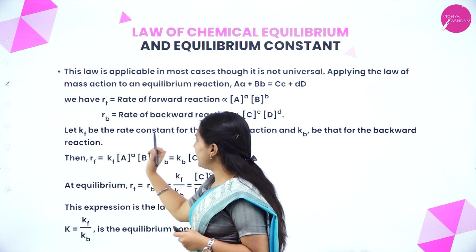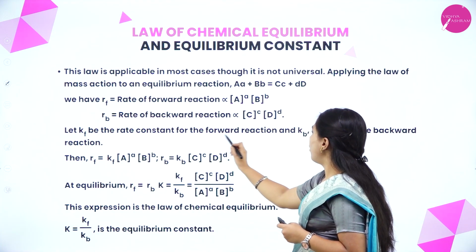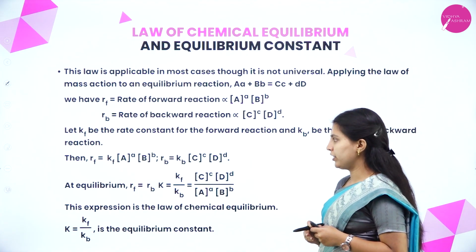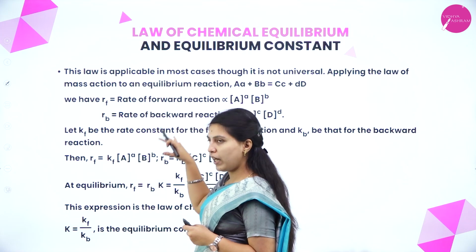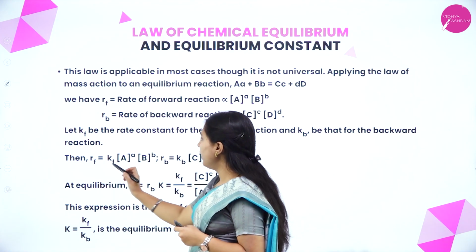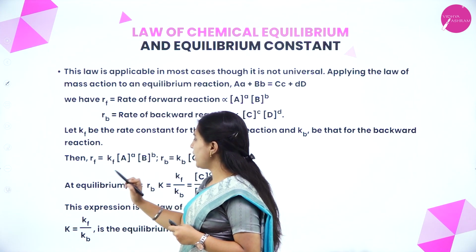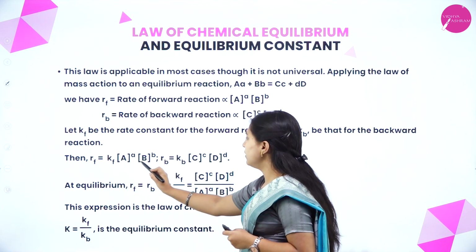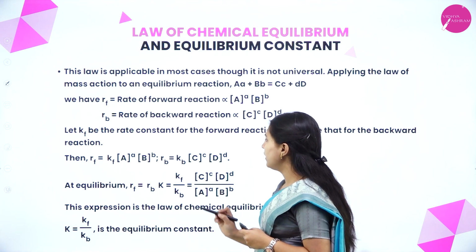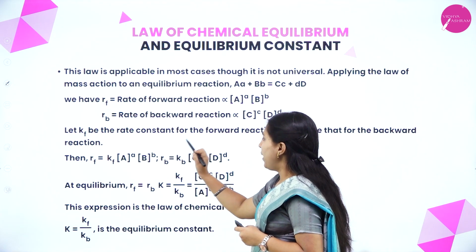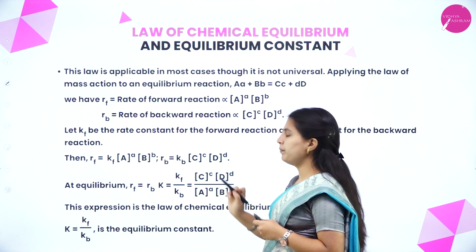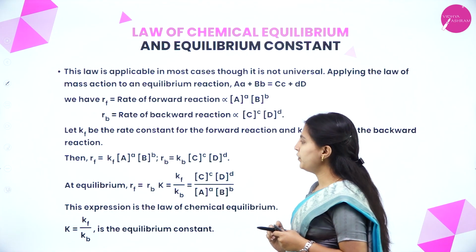Let Kf be the rate constant for the forward reaction and Kb be the rate constant for the backward reaction. Then, summarizing all the things, the rate of forward reaction will be equal to the rate constant of forward reaction into the molar concentration of reactants. Same here, the backward reaction is the rate constant for backward reaction into the molar concentration of products.